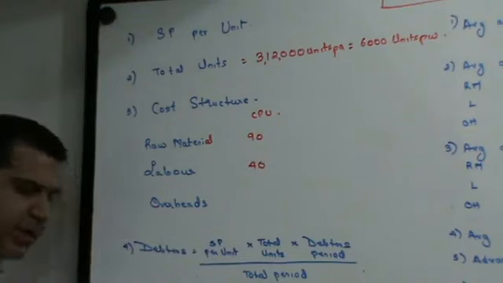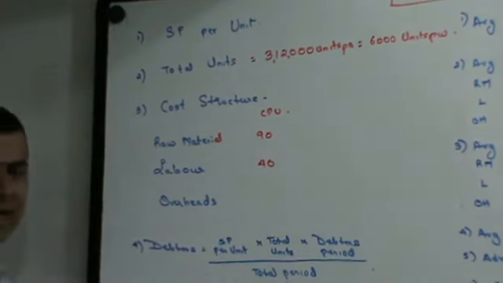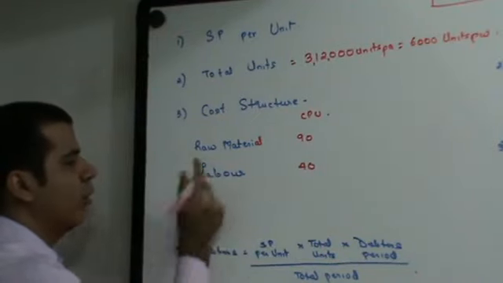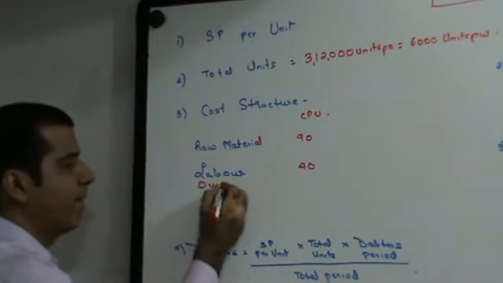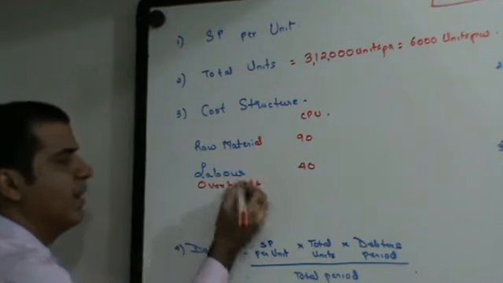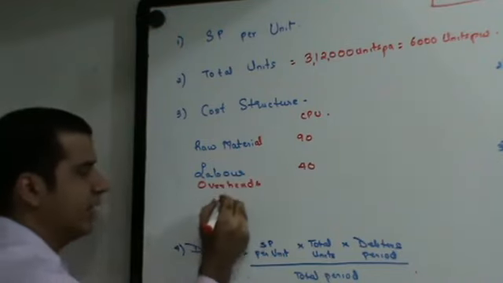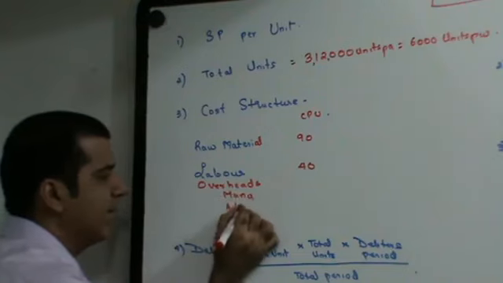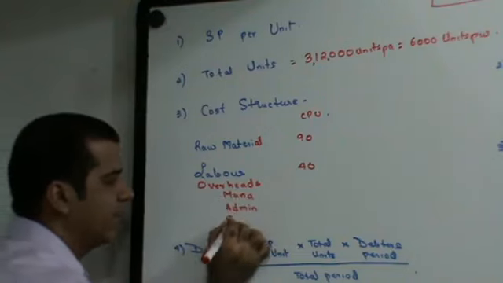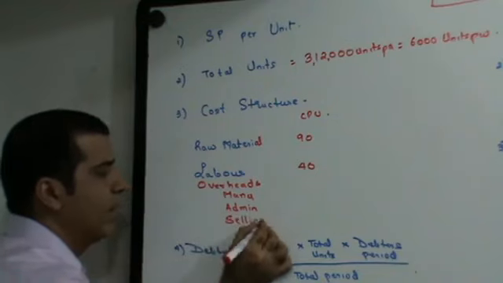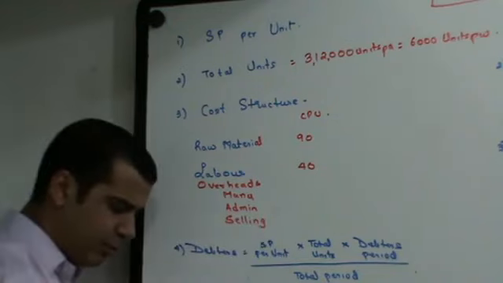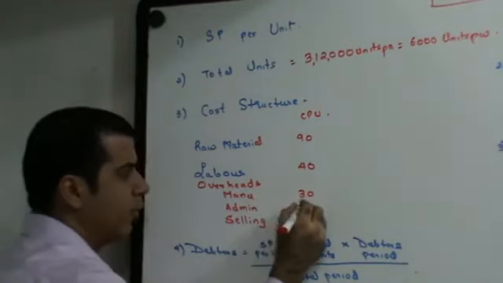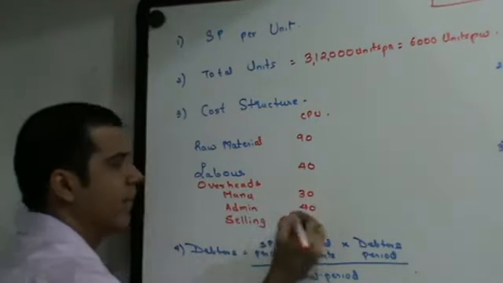Now in this particular sum, overheads has been further divided into three categories: manufacturing, administrative and selling. They have given you the cost per unit of all three of them: 30, 40 and 10.